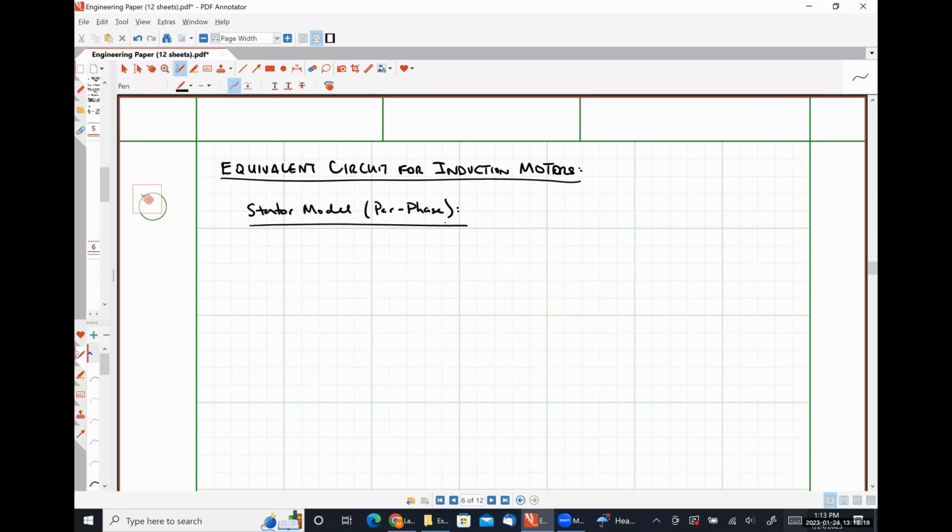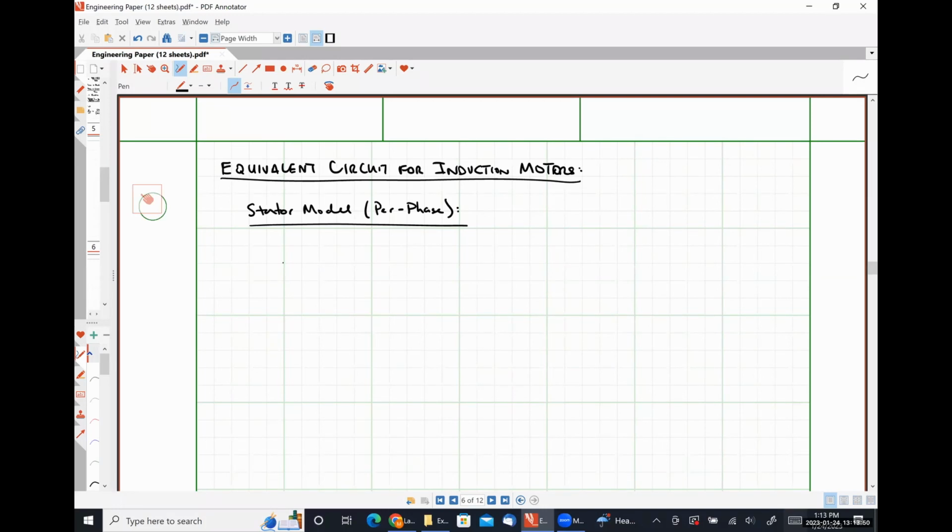I'm bringing that up because the transformer model that we developed was for a single phase transformer, but our rotor winding is most definitely a three-phase winding. So this is what it's going to look like per phase. Then when we get into our power calculations, we're going to have to remember to multiply by 3 to account for all 3 phases.